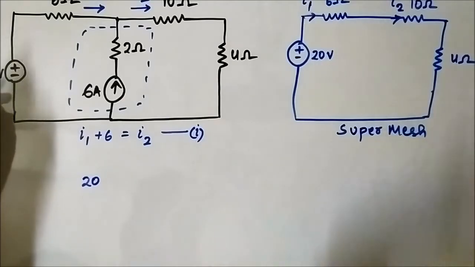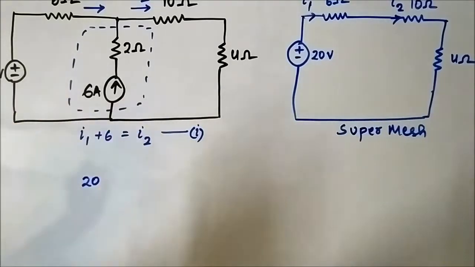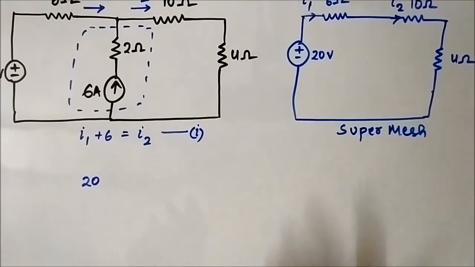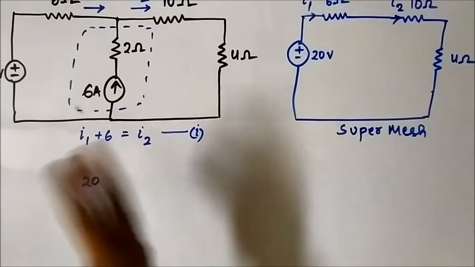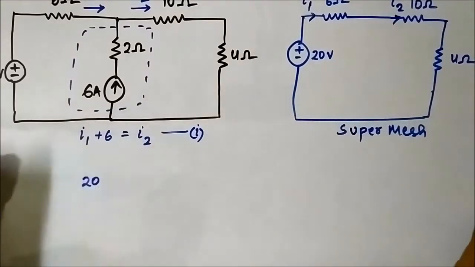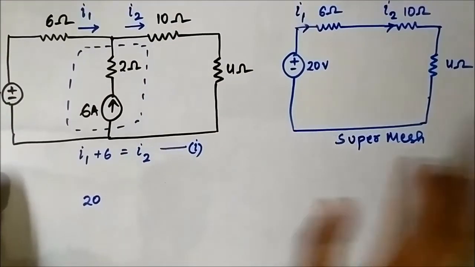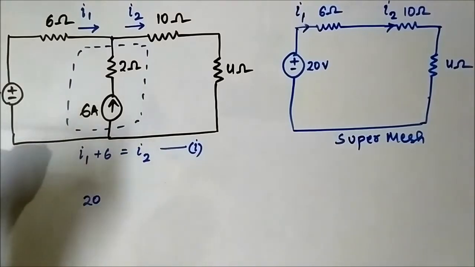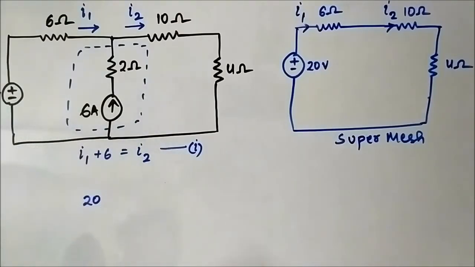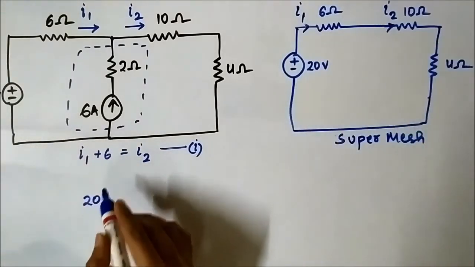I have already told you in the previous video to please watch the mesh analysis videos which I have posted on my channel, around 3 to 4 videos along with examples of solving circuits through mesh analysis. Please go through those videos and then watch this video. You will understand it in a better way. So let us write the KVL equation.